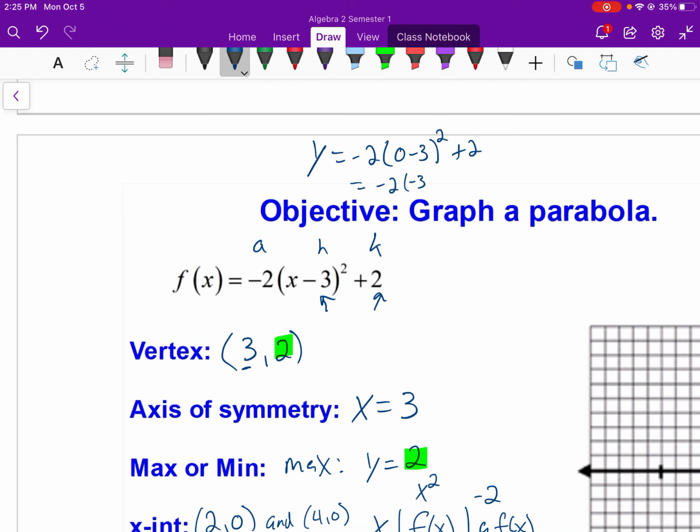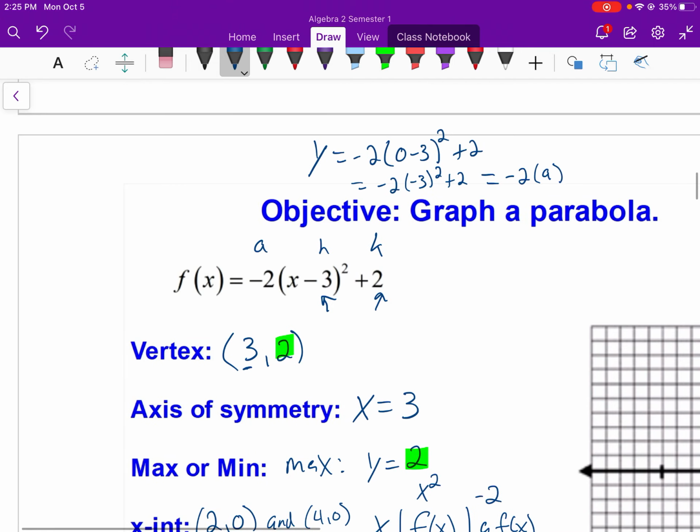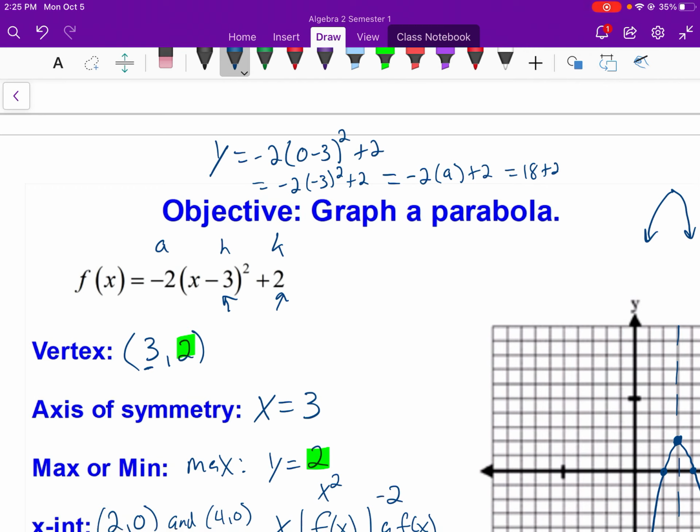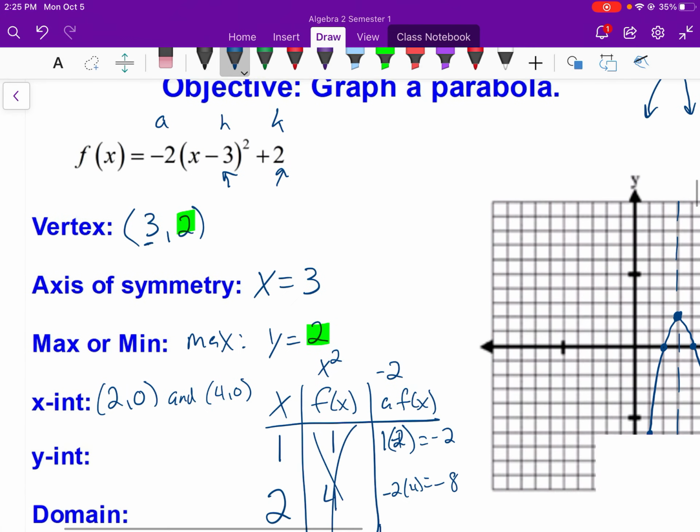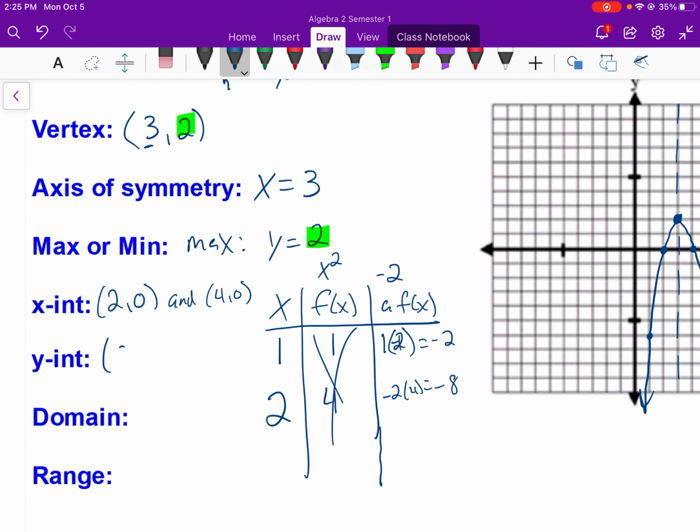So negative 2 times negative 3 squared plus 2, which is negative 2 times 9 plus 2, or negative 18 plus 2, so negative 16. Okay, so our y-intercept in this case is 0, negative 16.